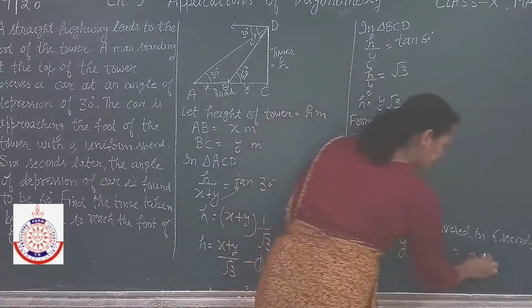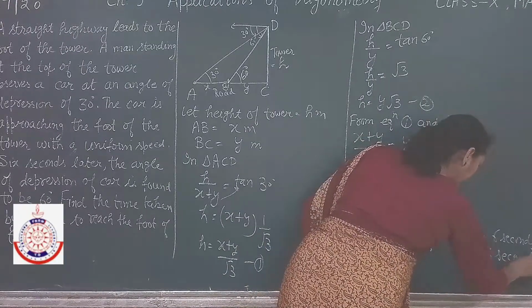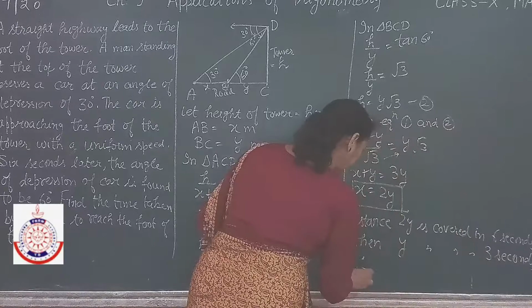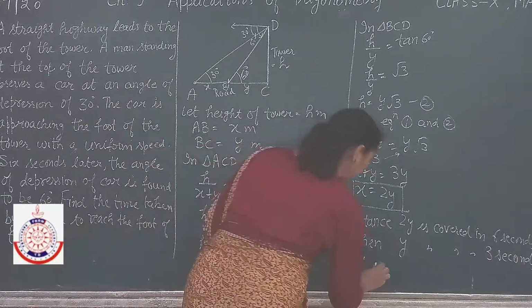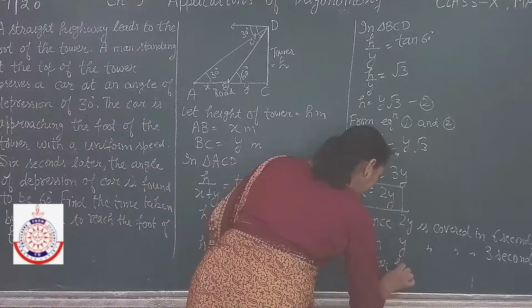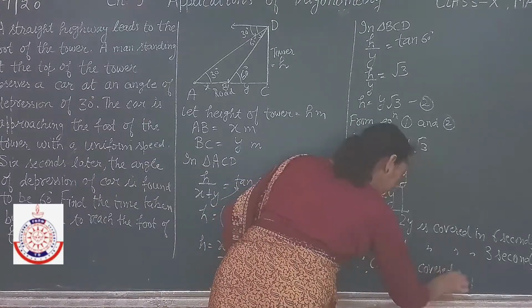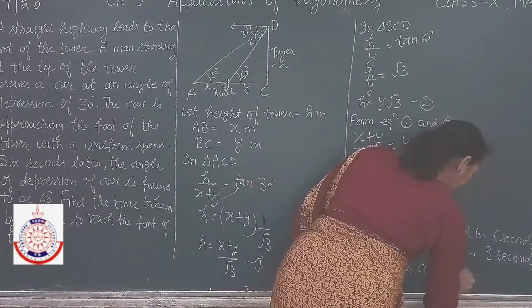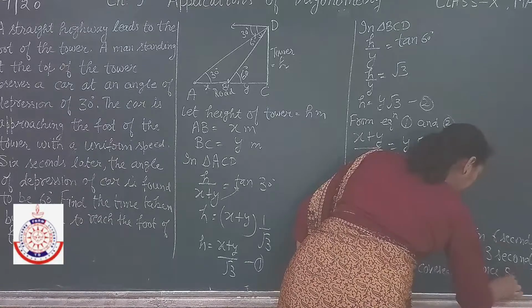Half the time, 3 seconds. Therefore, the car has covered distance BC in 3 seconds.